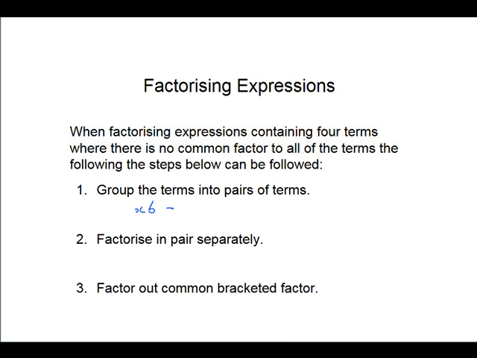So we've got a question where we look at all terms and there's no common factor, so we can't do that. So what we do next is look at the first two terms and see whether there's anything common there. And if we look at the first two terms, we find that a b is common. In fact, factorise it out.